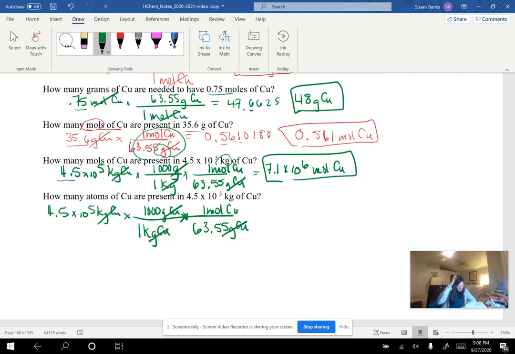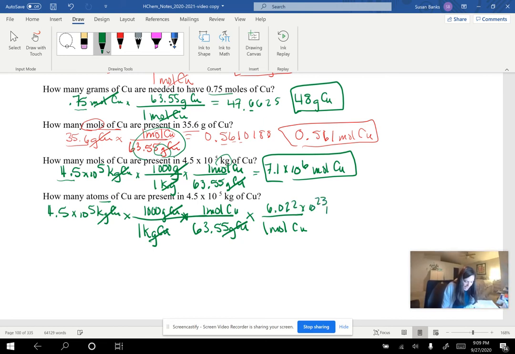I have moles, but I don't want moles. I want atoms. So to get from moles to atoms, I'm going to use Avogadro's number. I want moles to cancel, so I'm going to put moles on the bottom. 1 mole of copper will give me 6.022 times 10 to the 23rd atoms of copper.